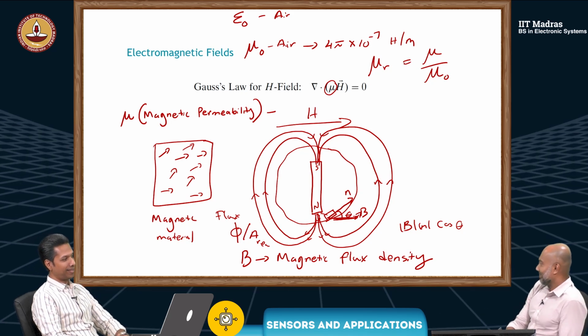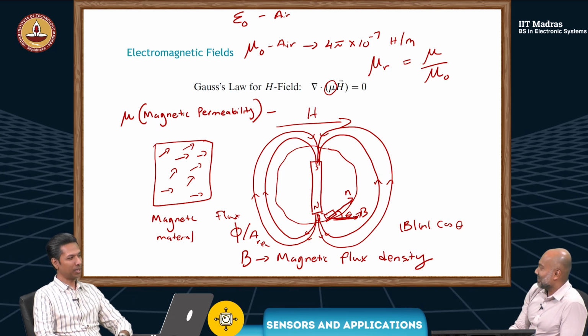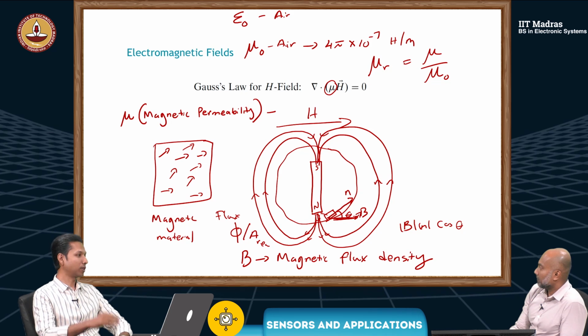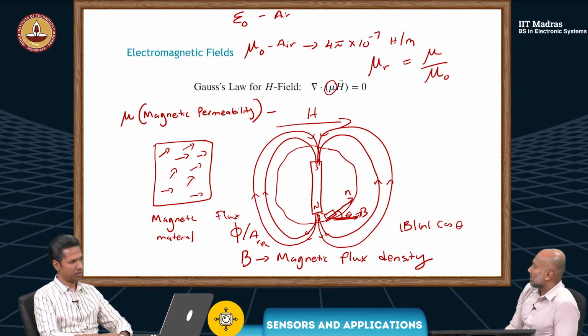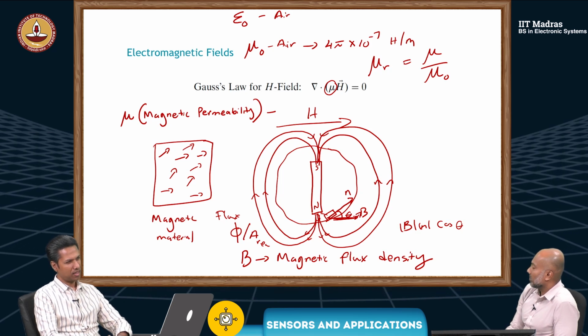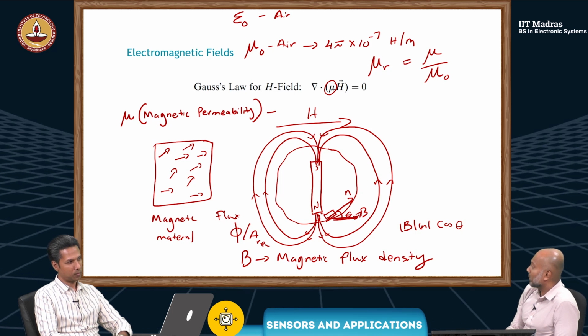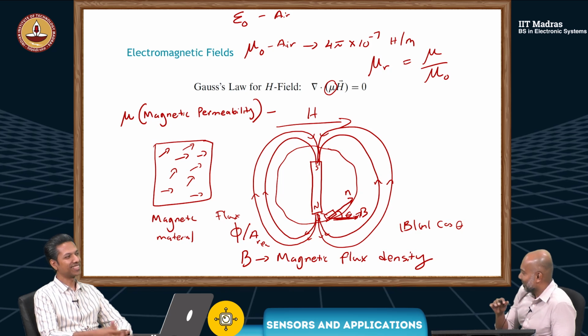Transformers are made of transformer sheets, I think that's silicon steel. Mu R is about 1,000 to 1,300. What about water? Water is very low, it's like air.